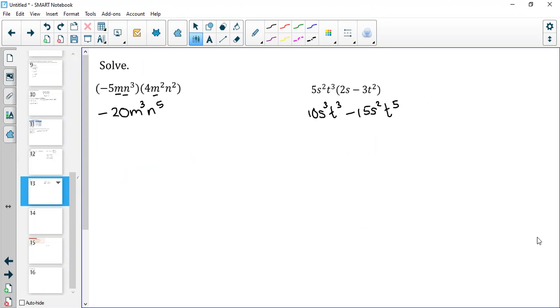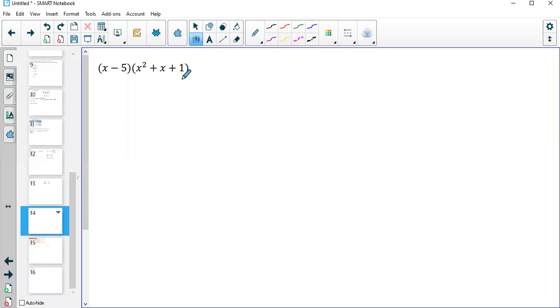Okay, so let's move on. The next question is x minus 5 multiplied by x squared plus x plus 1. Again here I would rather use the vertical method than keep confusing myself. So always start by writing the longest polynomial first, x squared plus x plus 1, and multiply by x minus 5.